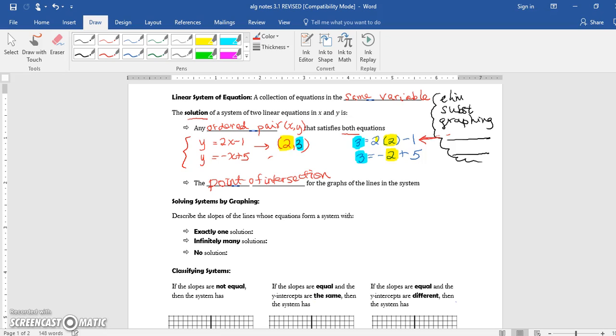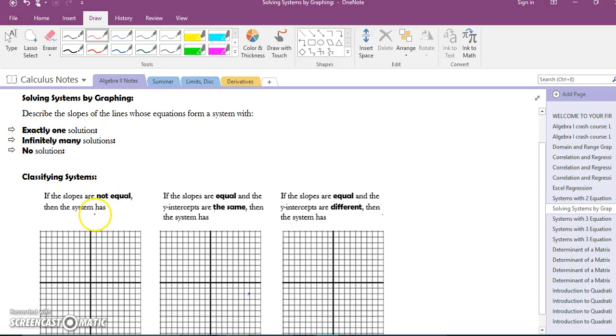Now, whenever you solve a system, there are 3 possibilities for solutions. You can get an ordered pair, and that would be exactly one solution. You can get infinitely many solutions, or you could end up with no solution. Now, if you were to picture a solution with exactly one solution, then that would look like 2 lines that intersect.